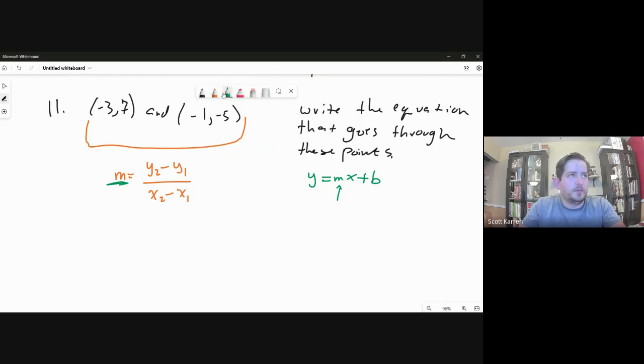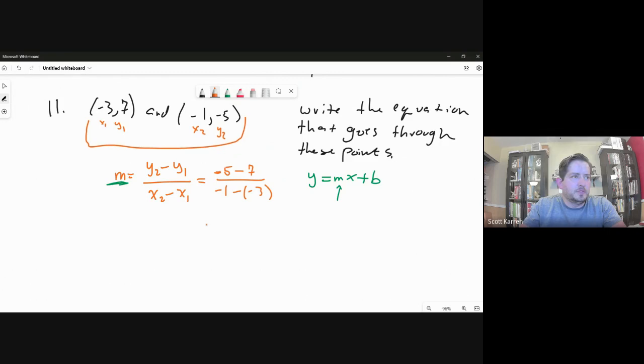So let's figure out what m is. To figure out what m is, I'm going to call one of these points x1, y1, and the other point x2, y2. And so I'll just plug in these values. y2 is -5, minus y1 is -7, and then x2 is -1, minus x1 is minus -3.